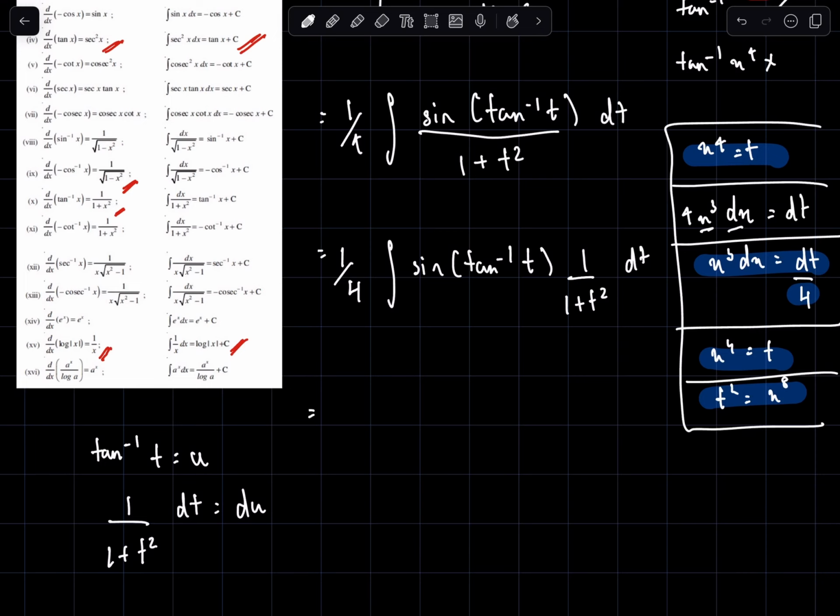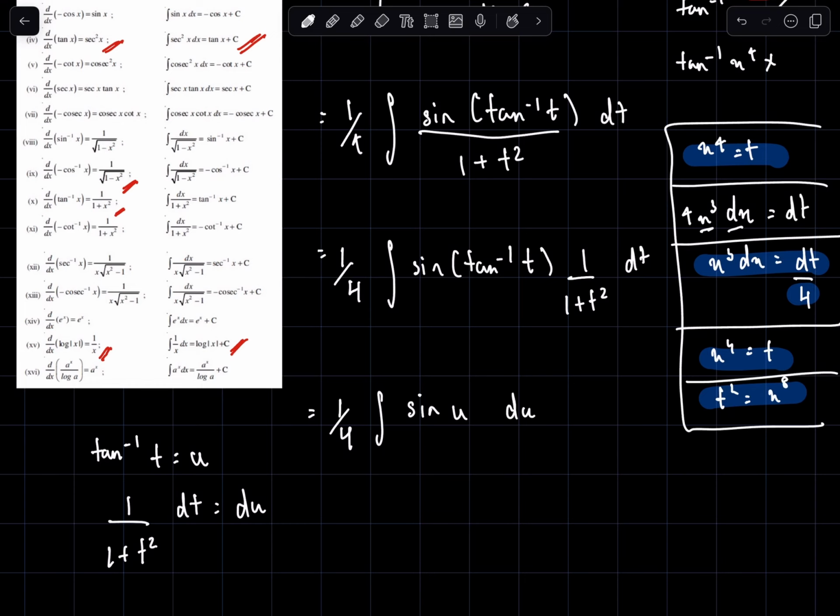Which is 1 by 4 integral of, now sine tan inverse t is sine of u times du.